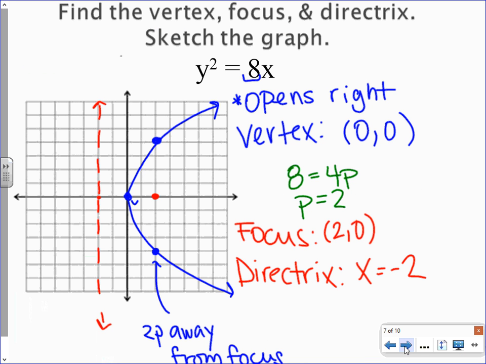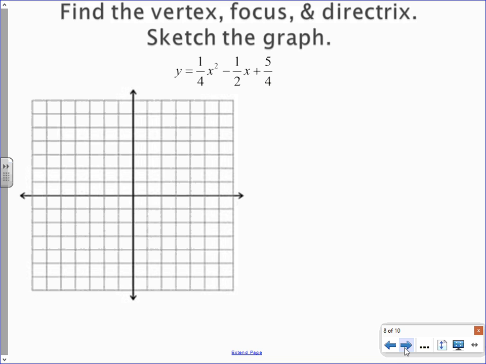Okay? So the first thing I would do if it were me is I would subtract that 5/4 over. Because we need to complete the square on the right side, and that 5/4, we're not going to use it anyway. We don't want it. We want it on the other side with the linear term.